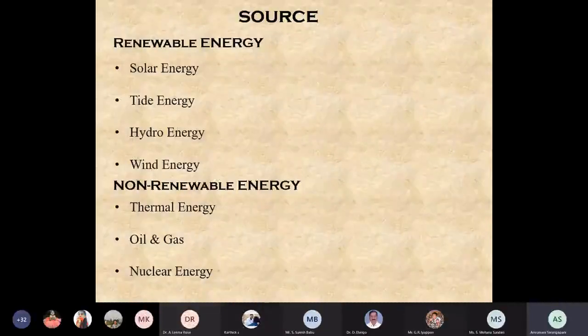Non-renewable energy is mostly thermal energy, made from coal or lignite, using these as raw material to produce electricity. It also includes oil and gas power and nuclear energy. Hydropower is a renewable energy.